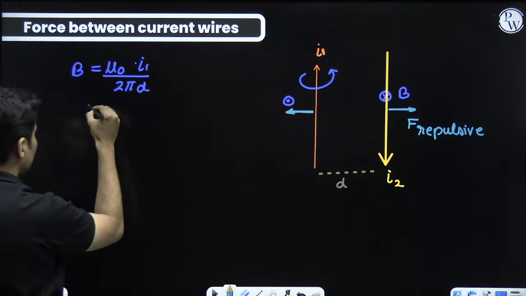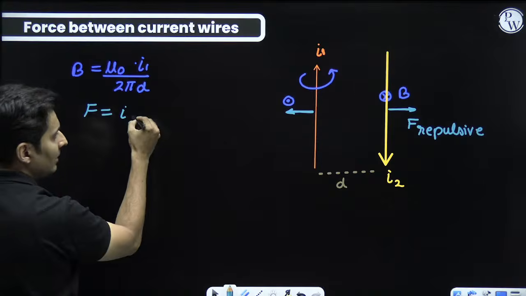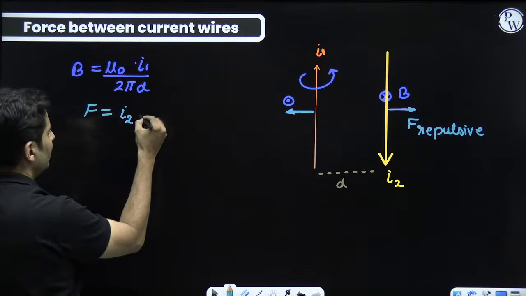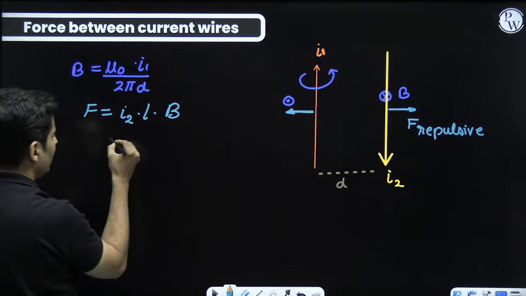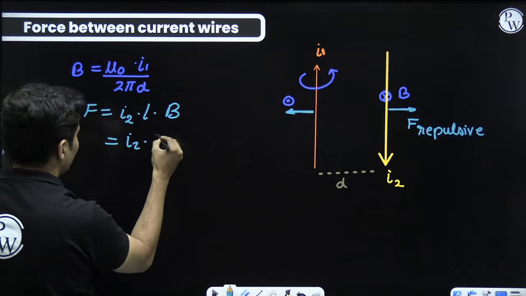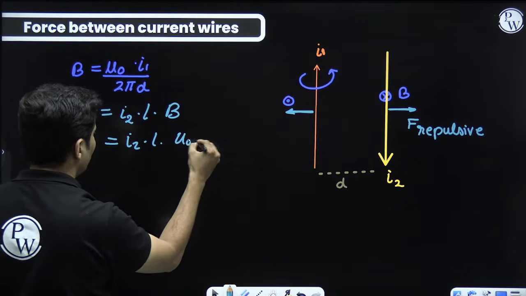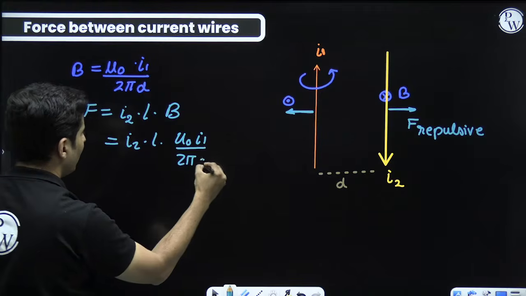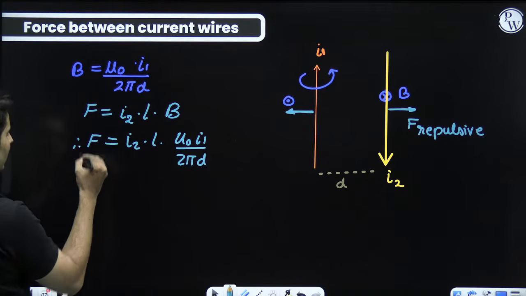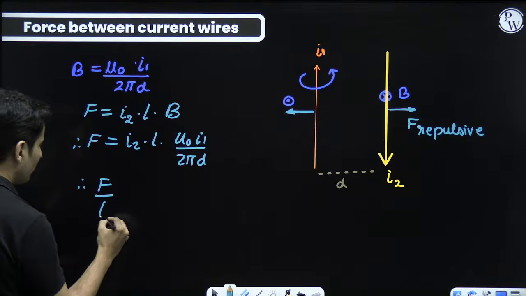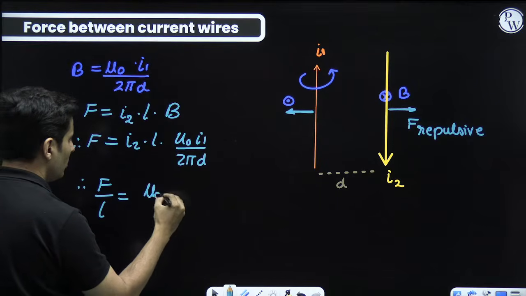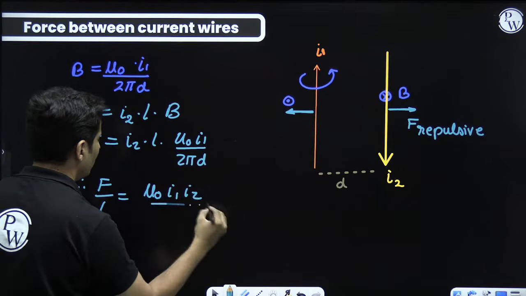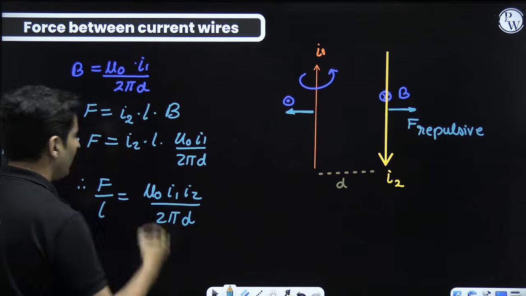For the force, I will need current on which the force is acting into the length into the magnetic field. So I2 is there, L is there, B is nothing but mu naught I1 by 2 pi d. Bring that length term below. So it will become force by length is equal to mu naught I1 I2 divided by 2 pi d.